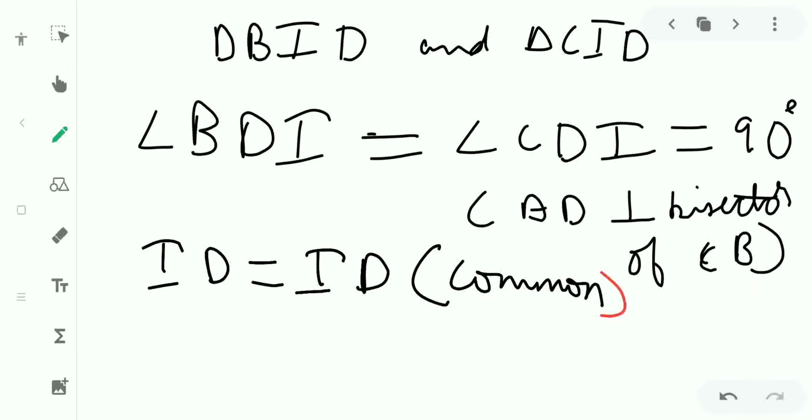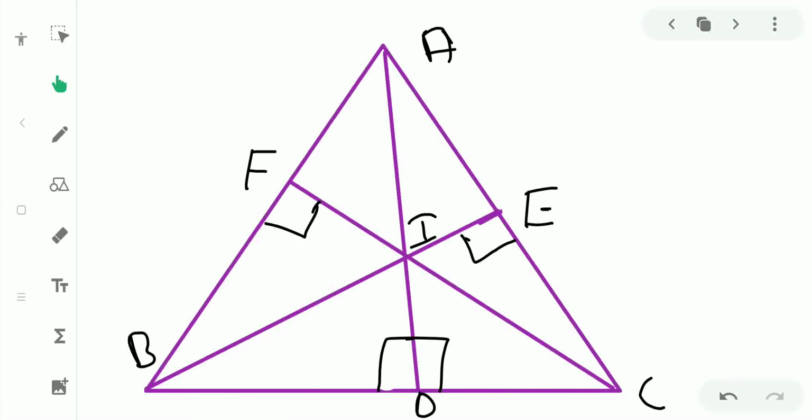And I will have the last one: BD is equal to DC, because it is a bisector, and as I have said, it cuts the LHS part and RHS part into two equal parts.